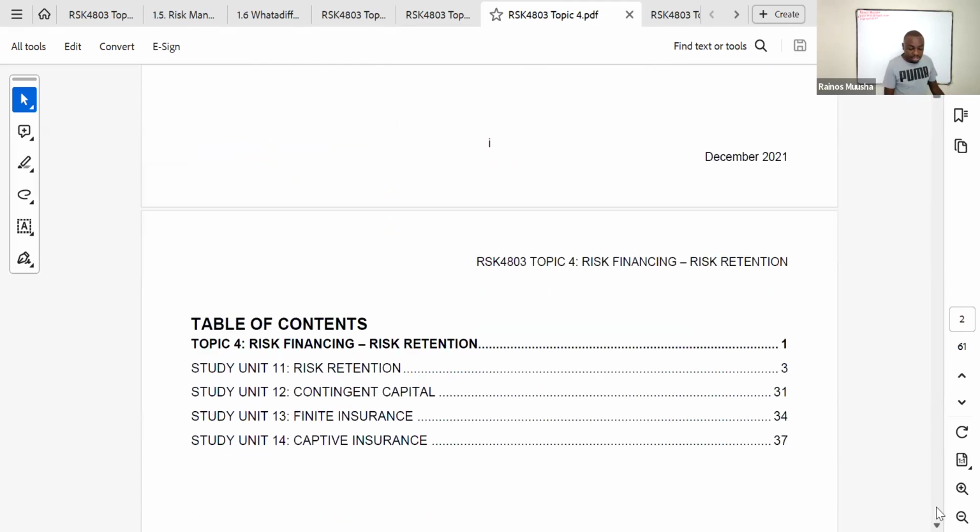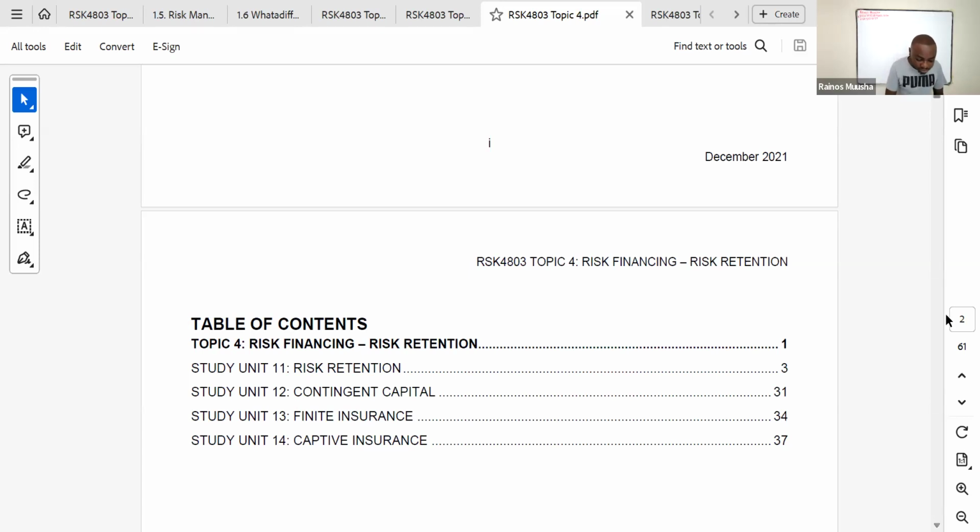So which means in study unit 11, we now look at, if they consider retaining risk, what options do they have? And how does an individual assess their capacity and ability to be able to retain that risk?